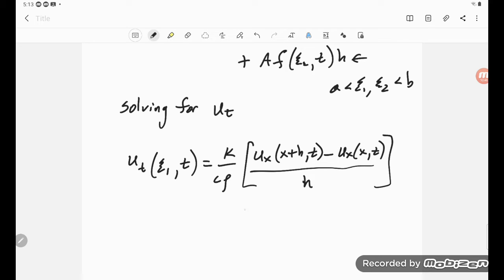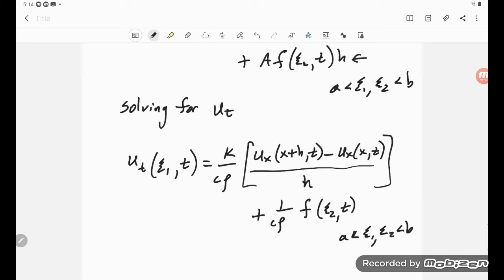And then plus, we have our 1 over C rho times F at C2 and T. And again, A is less than C1 and C2 is less than B.